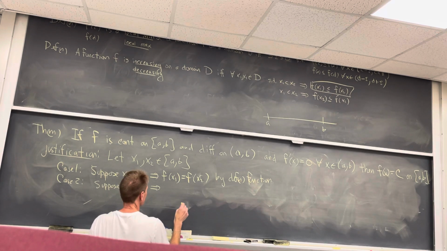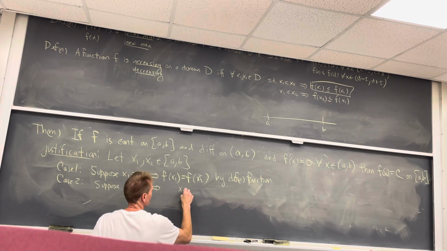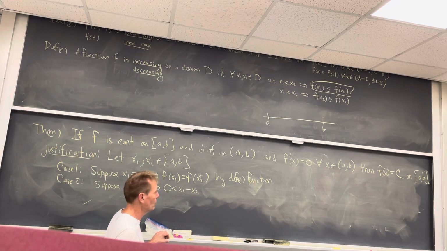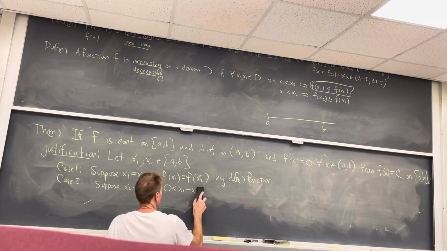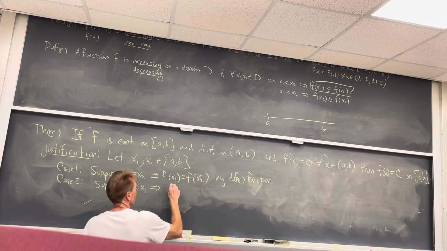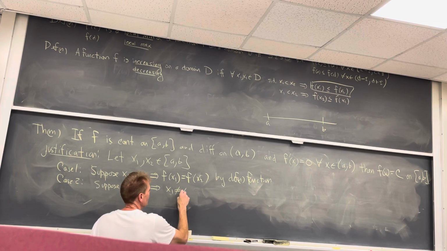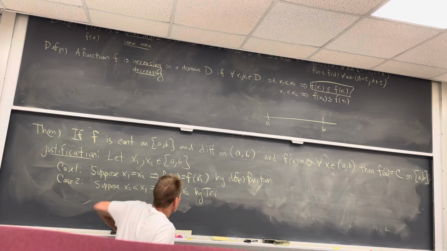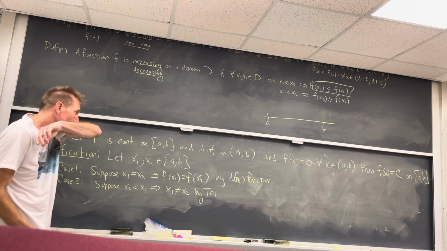Well, this implies that x1 minus x2 is greater than 0. This implies x1 is not equal to x2, and this is by trichotomy. I'm not going to make it any harder than that.